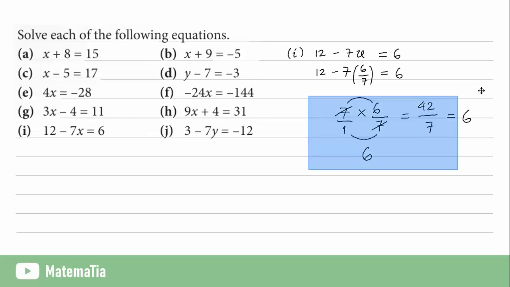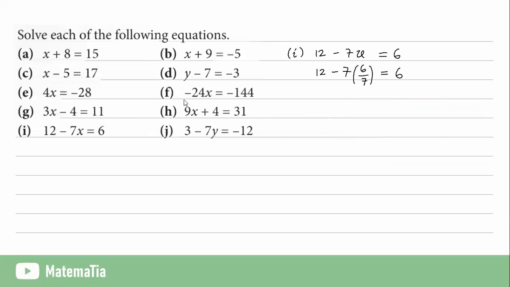And then, because we know that 7 times 6 over 7 is equal to 6, we have 12 minus 6 is equal to 6. It means 6 over 7 satisfies this equation because we get the right value here, 6. It means x is equal to 6 over 7. That's the value of x.